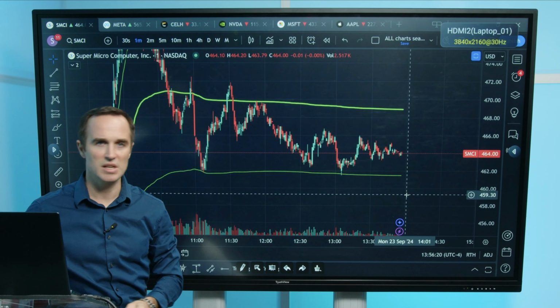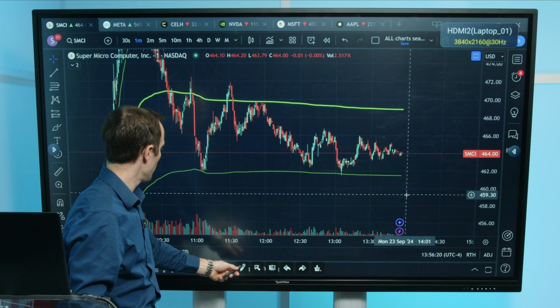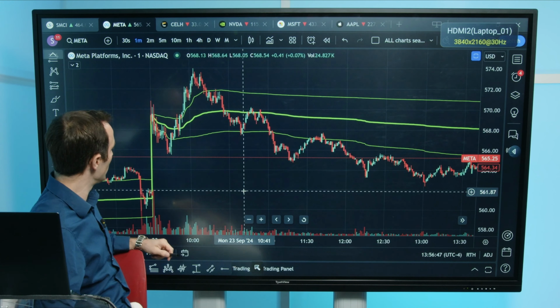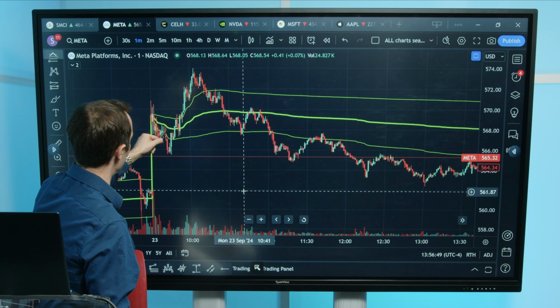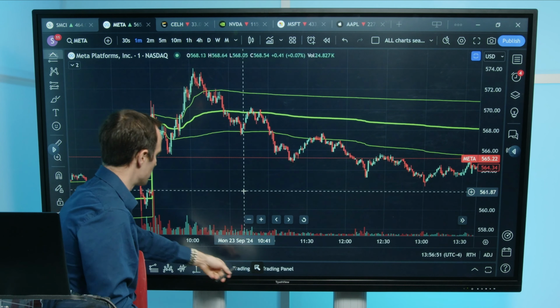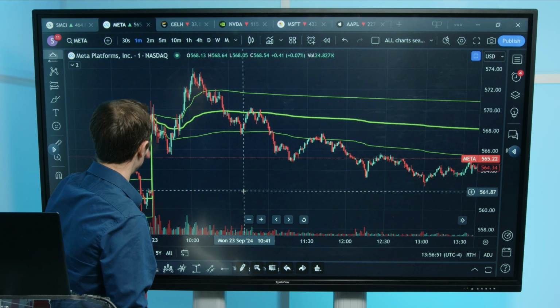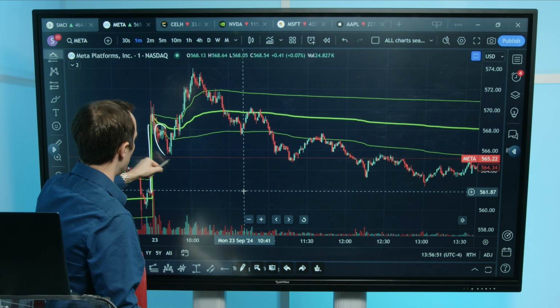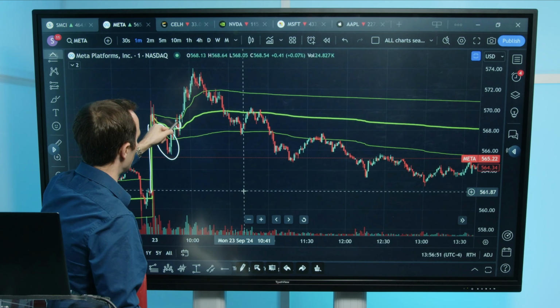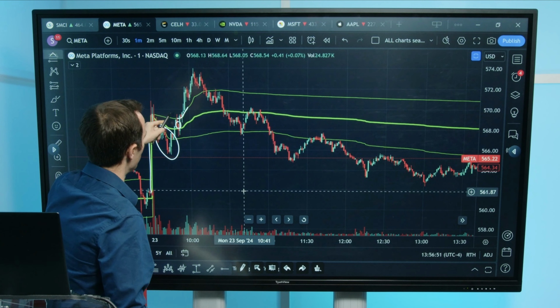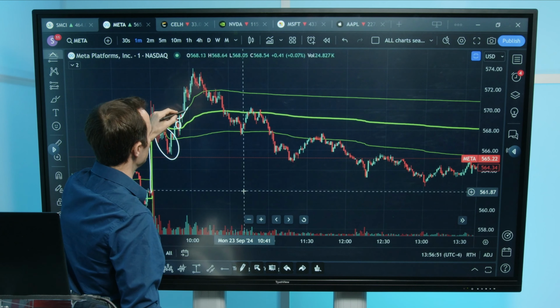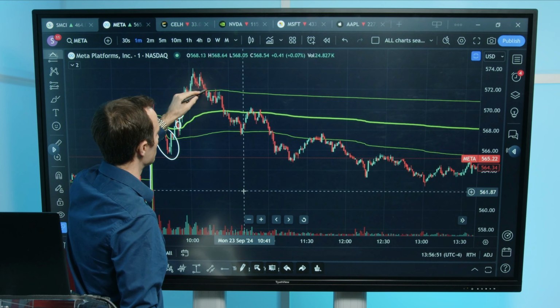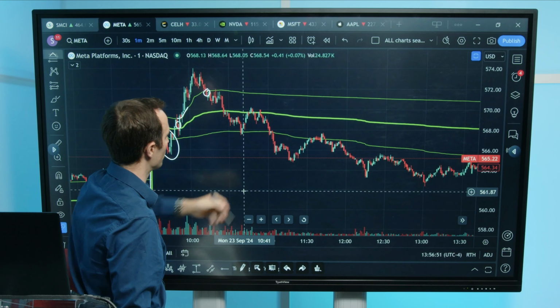All right, you can see here that Meta is moving up here above VWAP. You can see that it's pretty strong here. All right, we have a gap up on Meta. It initially traded lower, then it moves higher and gets above this multiplier band. And notice how it stays up above this multiplier band, and once it breaks, that was the break for the day.